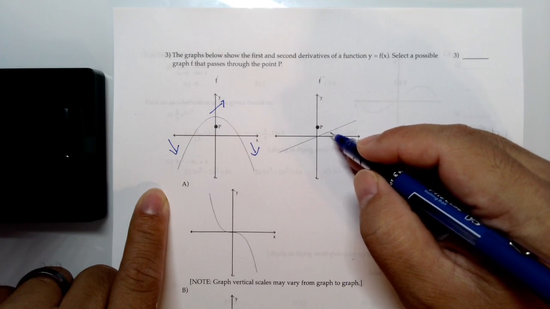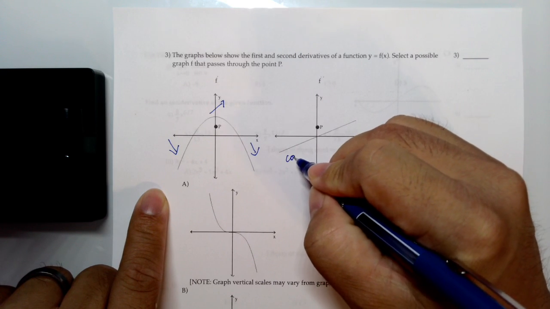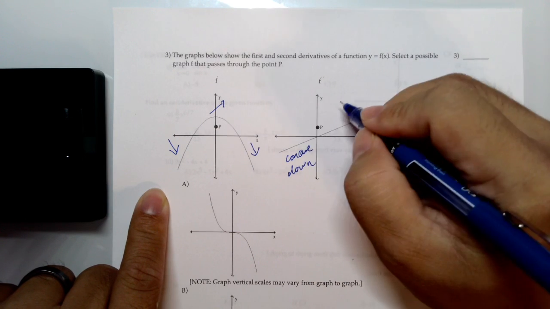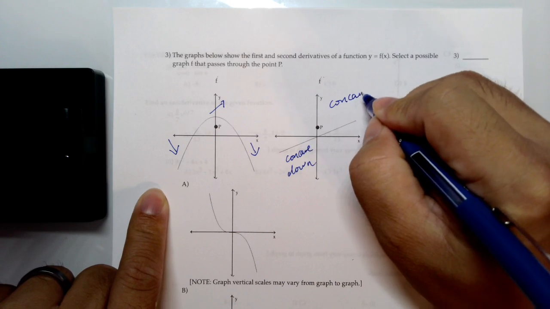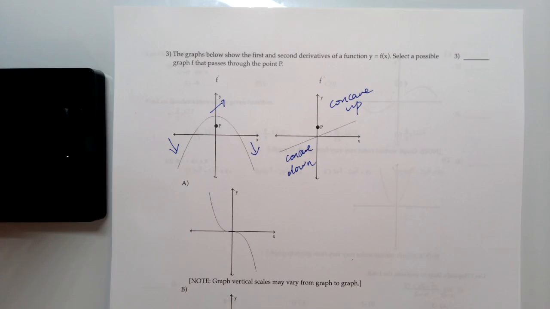For the second derivative, this part is less than 0, so it's concave down, and this part becomes concave up. So the trend is decreasing, increasing, decreasing.